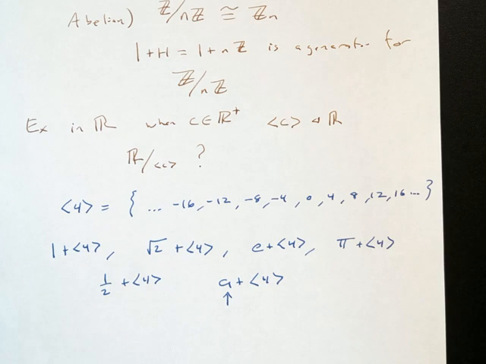If my goal is to pick the smallest non-negative A in each of these cosets, that A must be between 0 and 4. And it's never going to be equal to 4, right? Because as soon as we get equal to 4, then we're back where we started with 0, right?